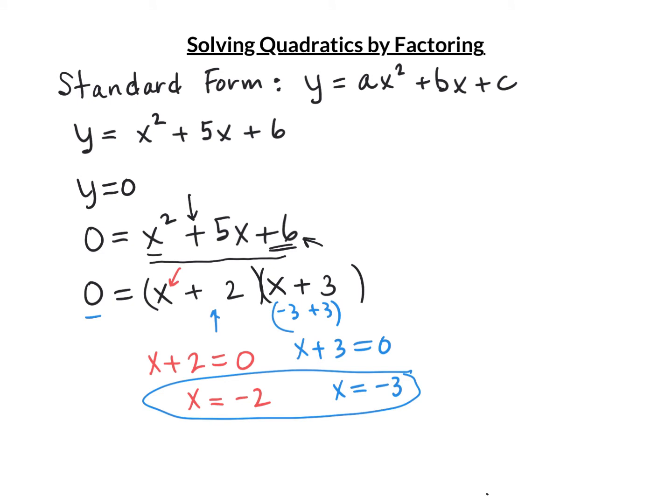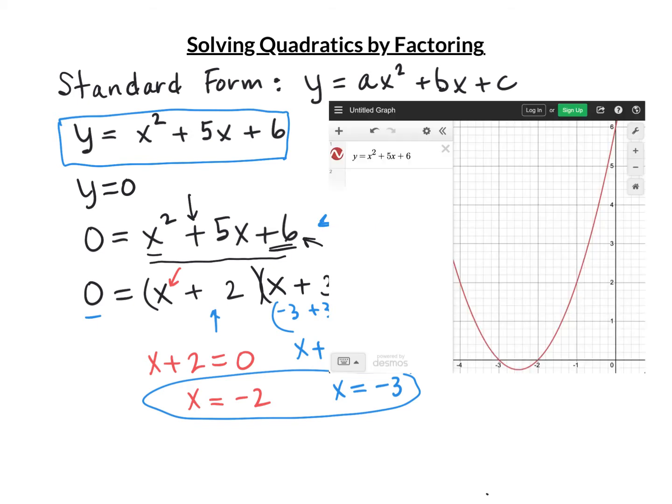If you graph y equals x squared plus 5x plus 6, they are the x-intercepts, or the zeros of that equation, and they are the solutions to the equation x squared plus 5x plus 6 equals 0. Look at the graph of y equals x squared plus 5x plus 6.